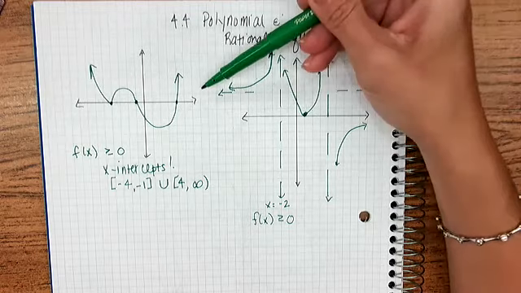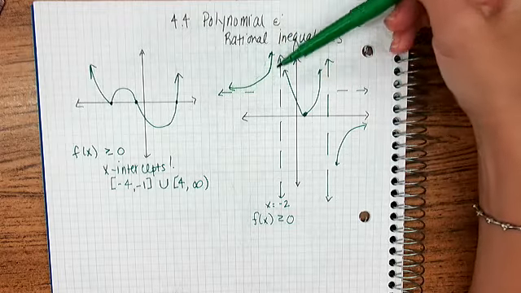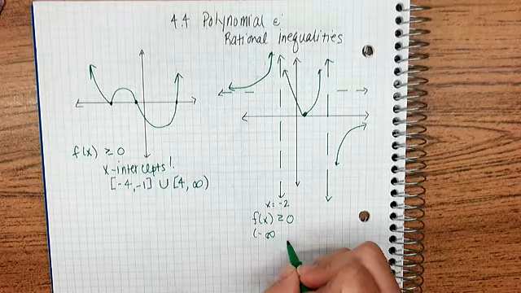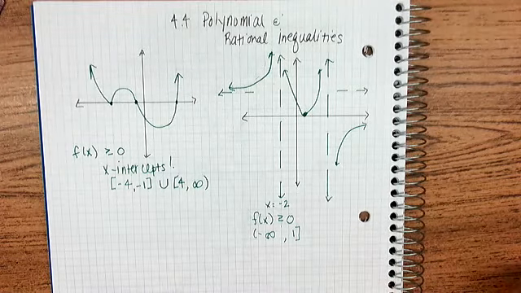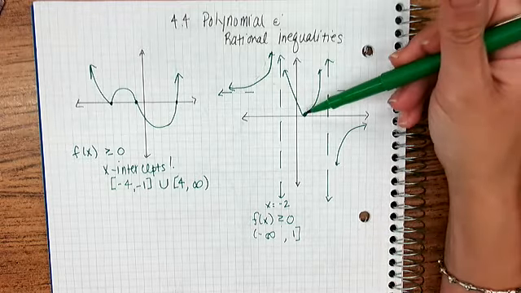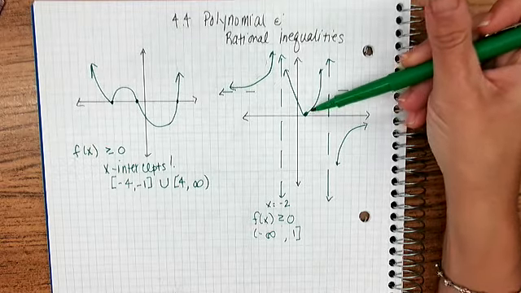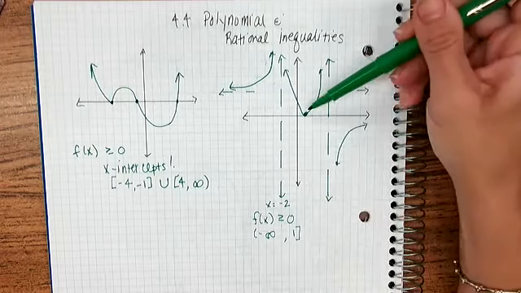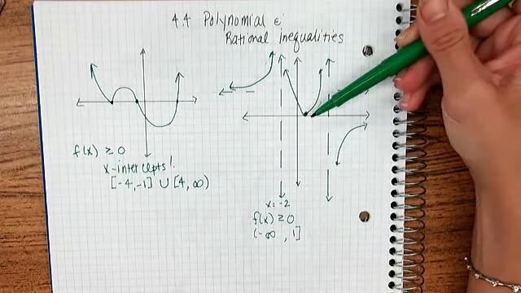So this graph is greater than 0 when x is -infinity all the way up to +1, or equal to, it's going to be included. But at +1, I just messed up. From +1, it continues to be above the x-axis until we hit this vertical asymptote, which is at 4.